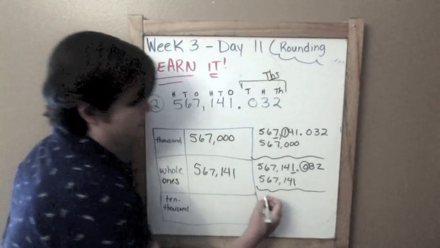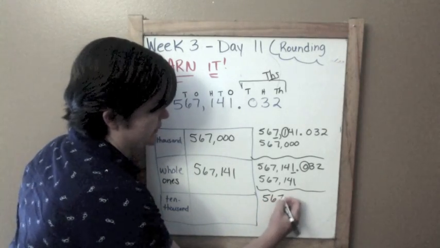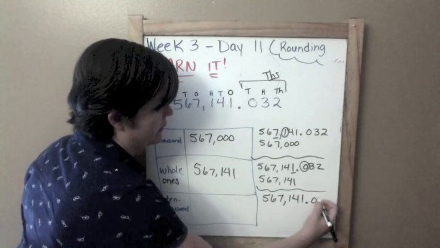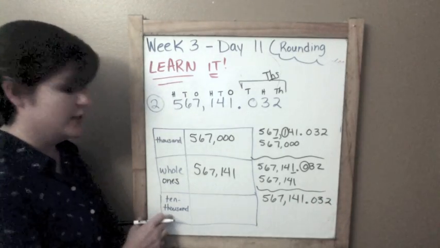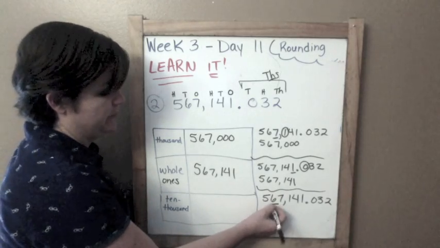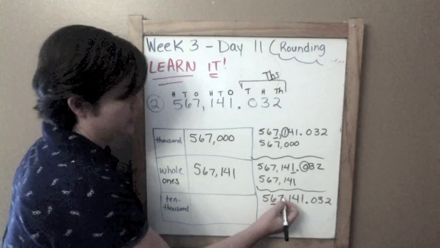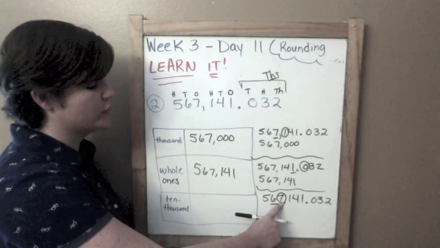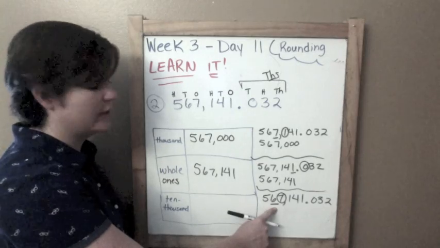All right, same thing, but now to the nearest 10,000s place. So 567,141 and 32 thousandths to the nearest 10,000s place. That would be my 6. Circle the digit to the right. That would be the 5 or more, so we add 1 to our rounding place.